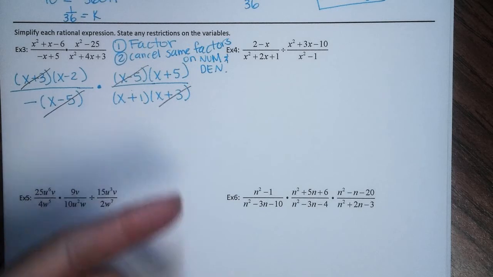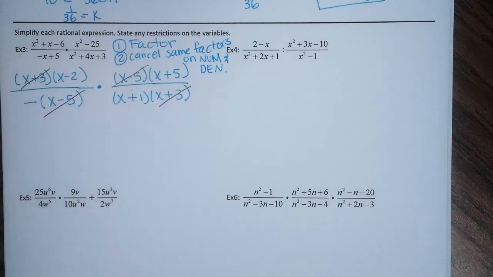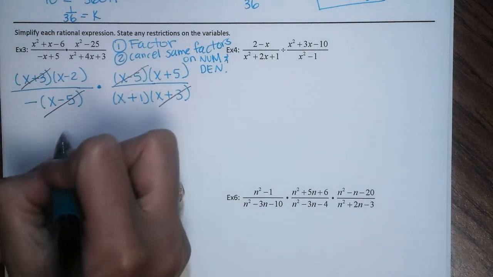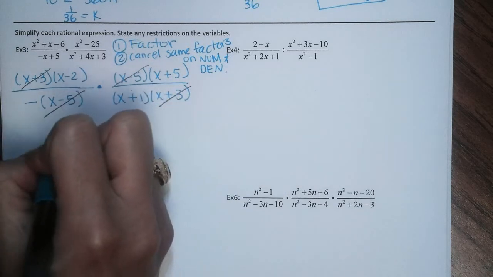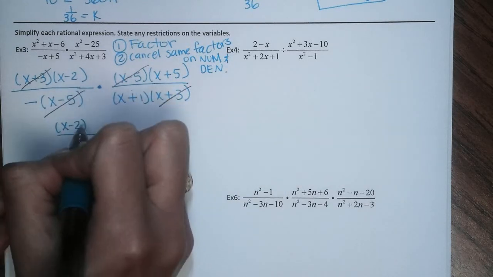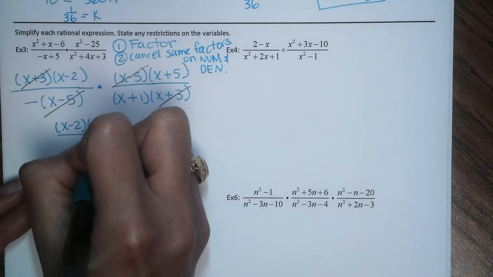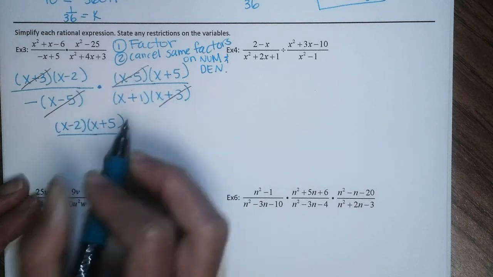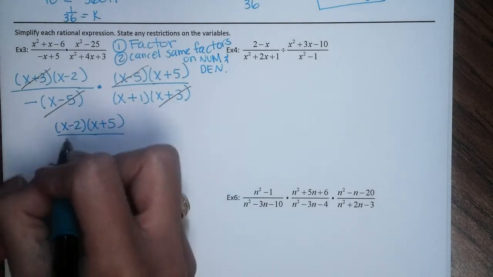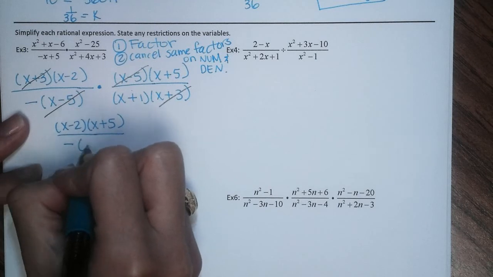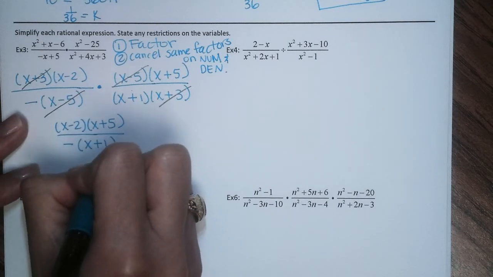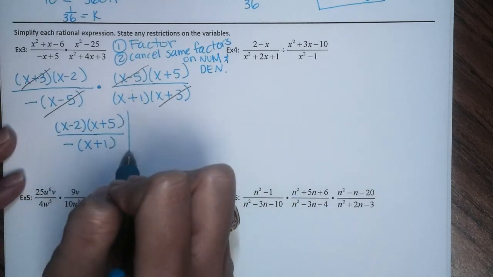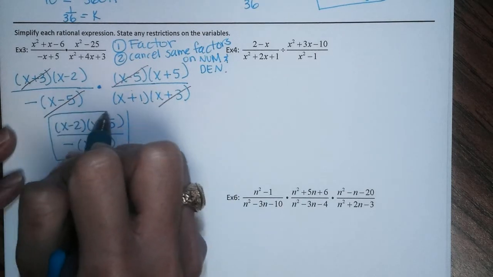So for your final answer, if you leave it in factor form, on the top I have x minus 2 times x plus 5. And then on the denominator, I have a negative parentheses x plus 1. So this would be your final answer in factor form.